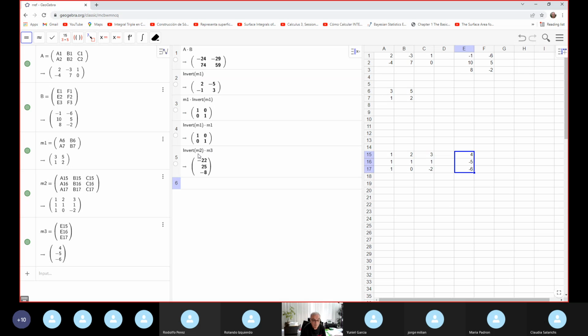Press enter. Bang! So I get the vector. You see, we have three rows, 1 column, and therefore x is -22, y is +25, and z is 8. Do you see the power of this?